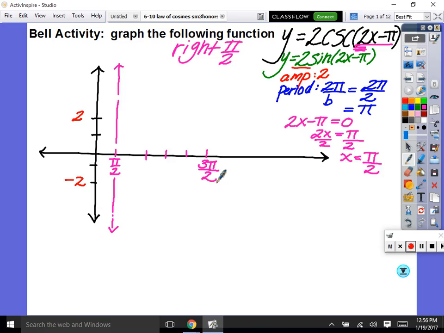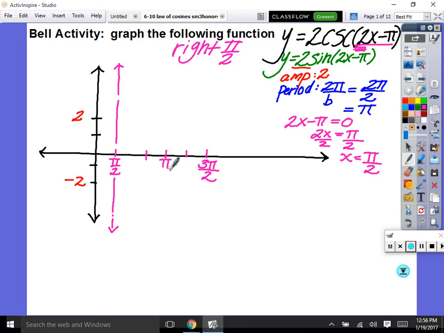Okay, let's find the halfway mark. We've got to label this all correctly on the test. So 3 pi halves plus 1 pi halves is 4 pi halves, which is 2 pi. But then we divide it by 2 to get the halfway mark, so that's pi right here.